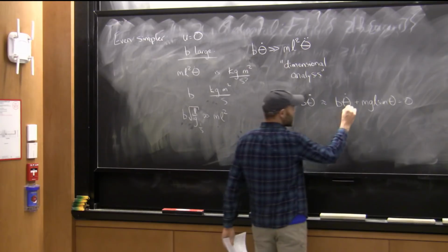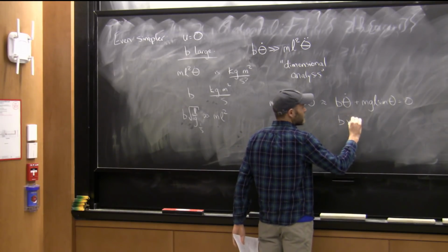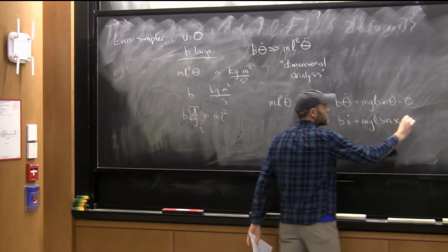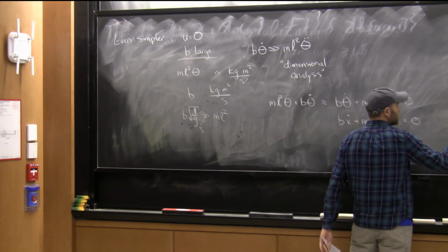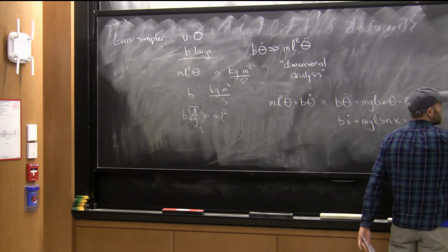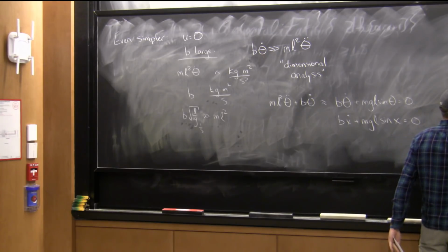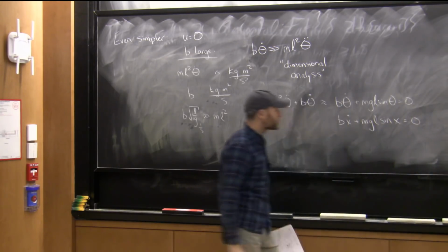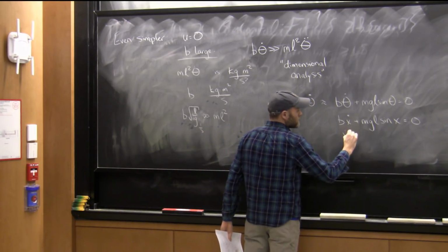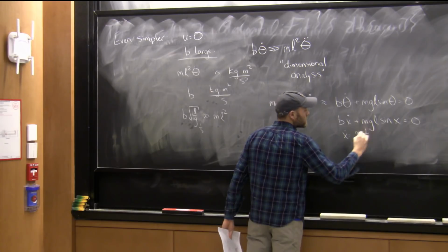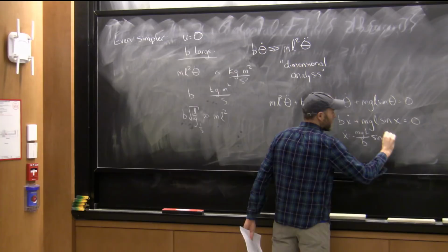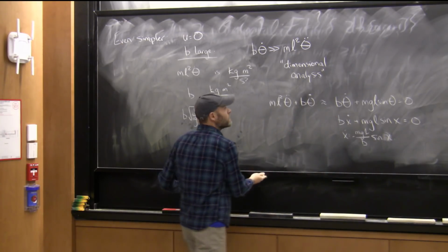So let me write this as b x dot plus mgl sine x equals 0, wrapping at 2 pi. Or x dot equals mgl over b sine x.